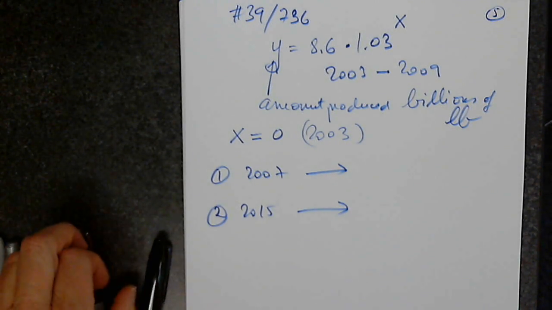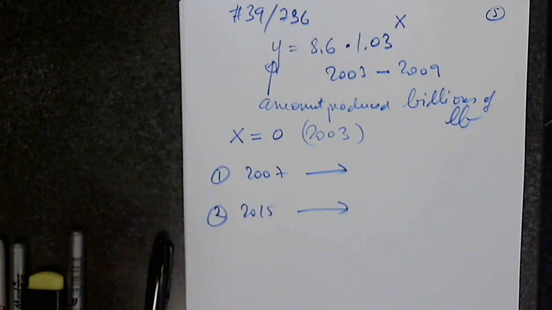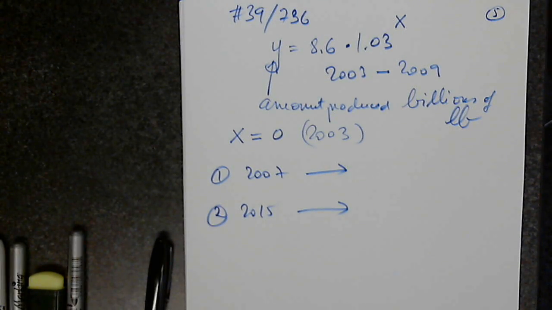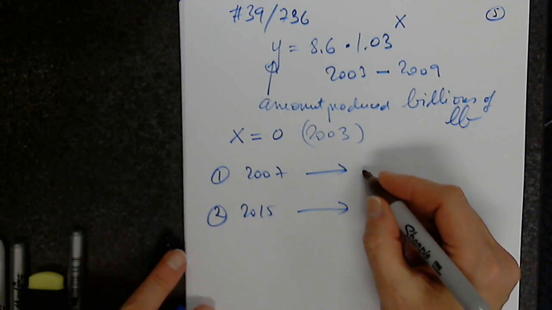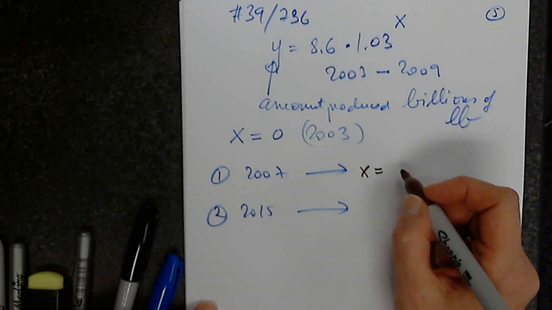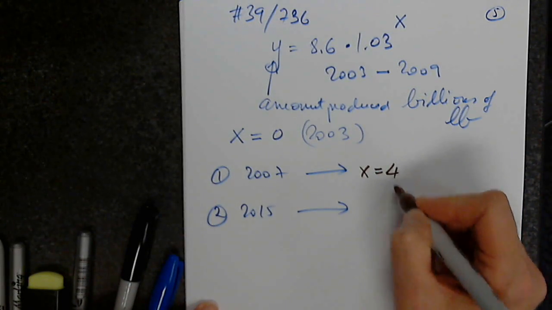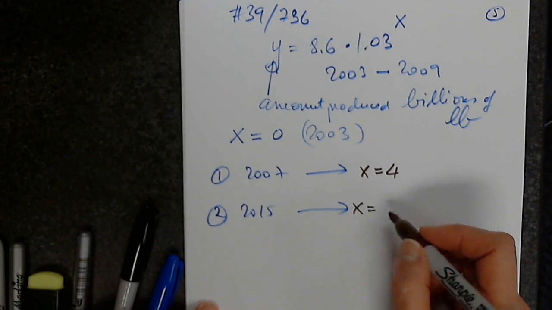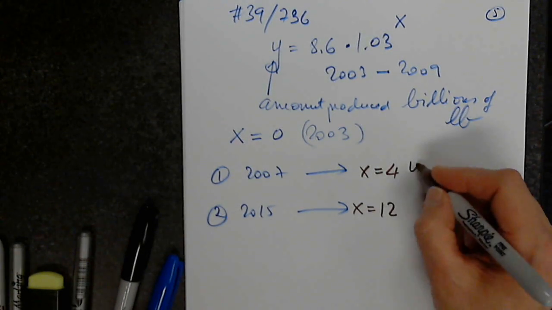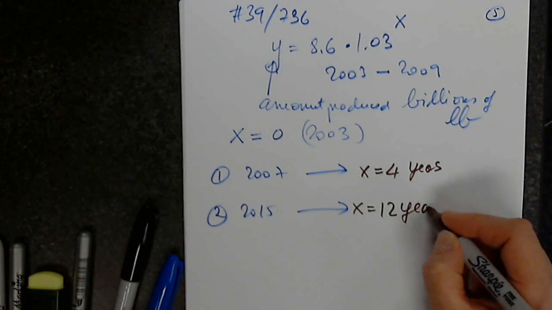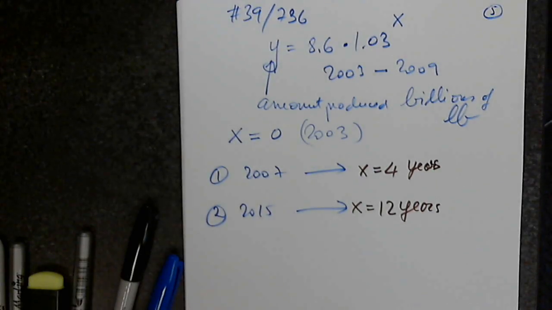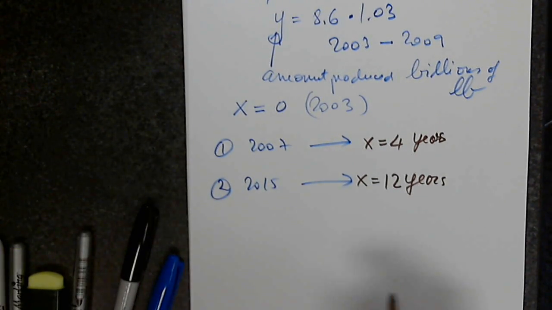Okay, so what are we asked to do? Substitute x for whatever it is for the year. So x in number 1 is 4, good? And x in number 2 is 12. Excellent. And then you just substitute it in the first equation. That's it.